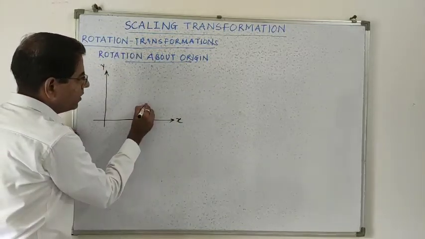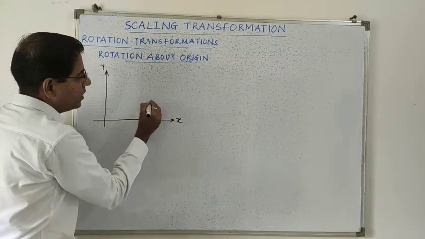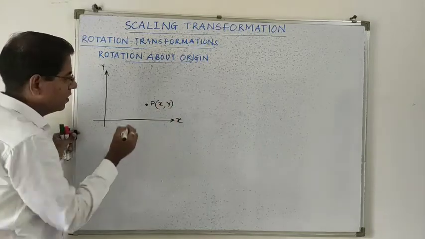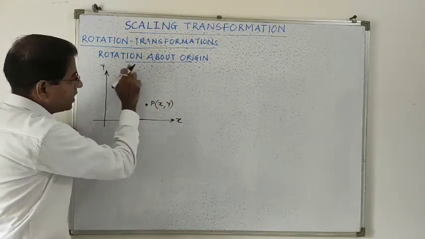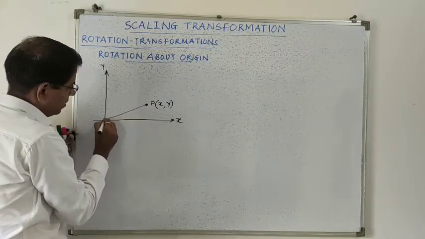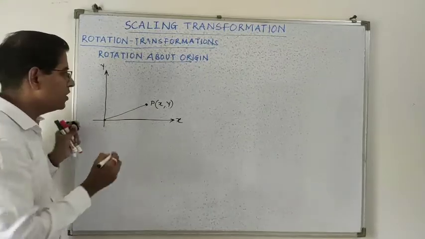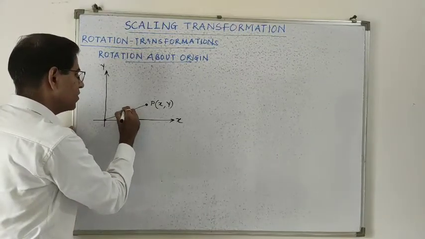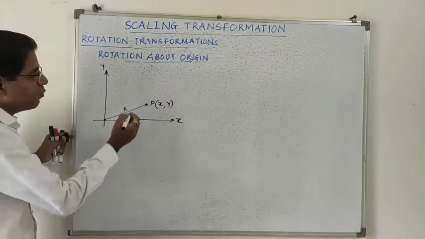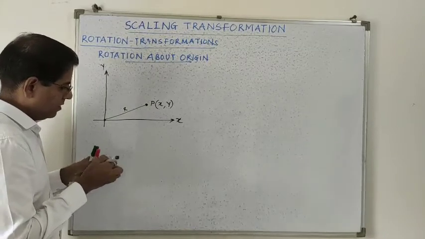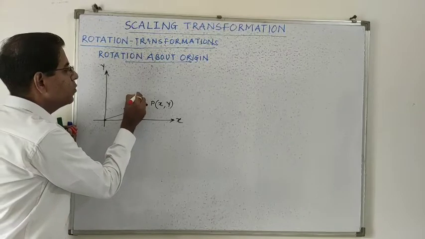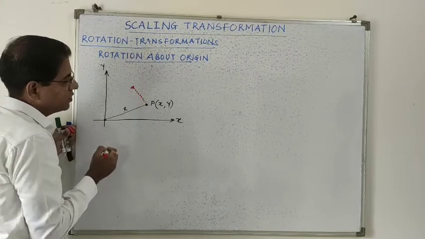Now there is one point P having coordinate x, y, and since we are seeing the rotation about origin, its distance from the origin is say capital R. Okay, and this point is to be rotated in anti-clockwise direction.